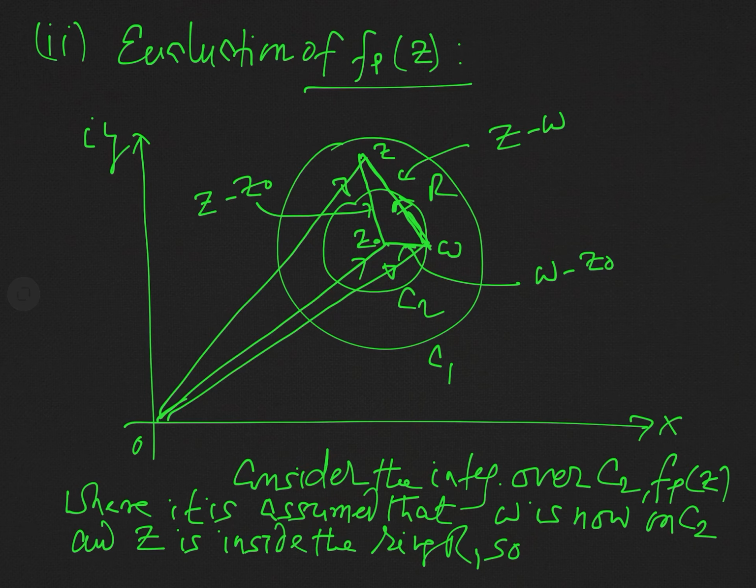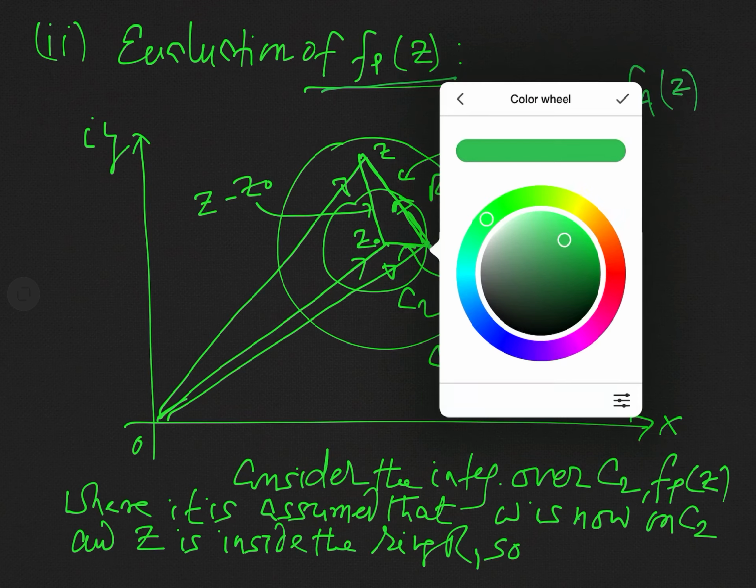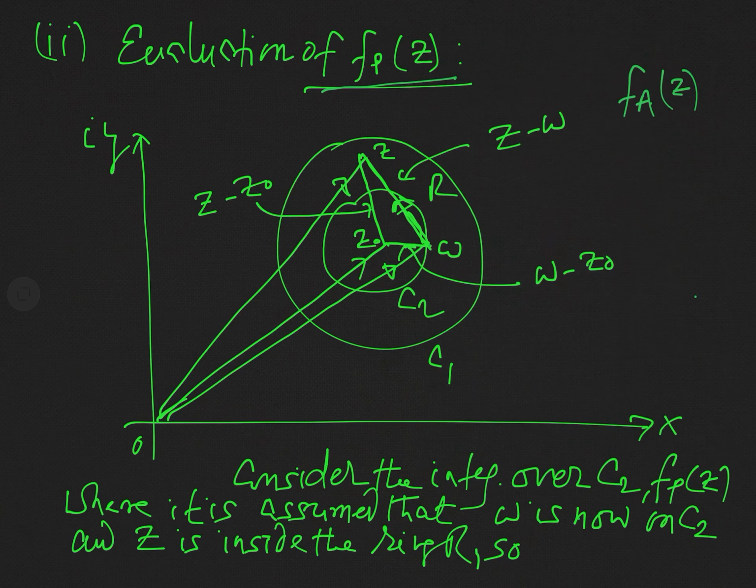For the evaluation of fp of z, remember, when I evaluated fa of z, we took the point z equal to w on the circumference of the circle C1. Now to evaluate this fp of z, let us consider the point z equal to w situated on the circumference of the circle C2.